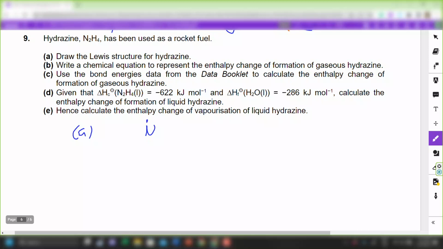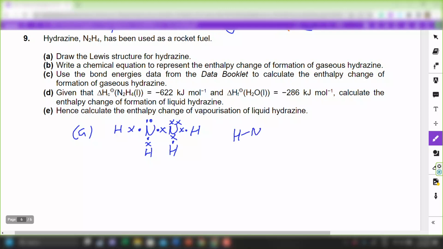You know that nitrogen is able to form 3 single bonds, so if you do a dot and cross, it will be quite straightforward. It looks like ammonia, but it's not quite ammonia. Basically, every H in ammonia is replaced by an NH2. So that's hydrazine.